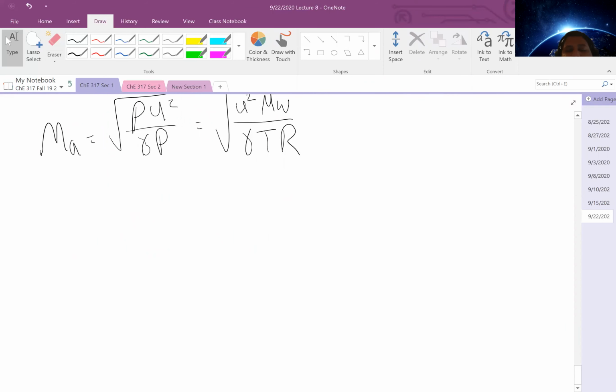One thing I also want to note is that when a fluid approaches its Mach number such that its velocity becomes the speed of sound, and the Mach number can then be considered 1, this is known as the fluid's asterisk condition.